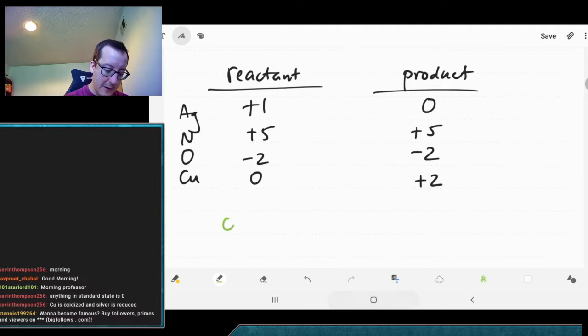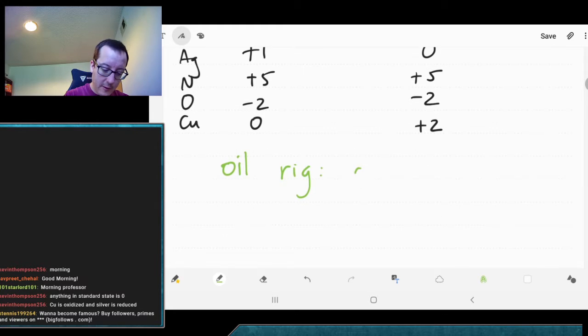So we remember our mnemonic, perhaps, where oxidation is losing, and then reduction is gaining.